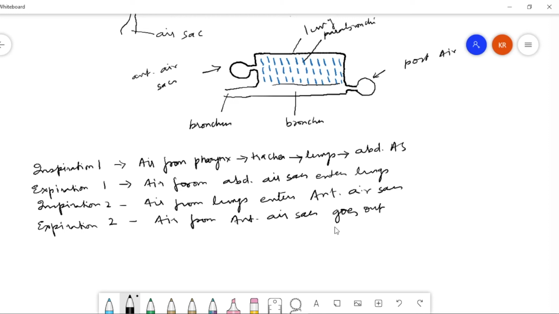Although we have written this in this way, they are actually happening at the same time. It means that the air sacs work as bellows.